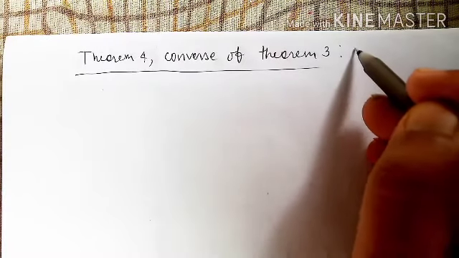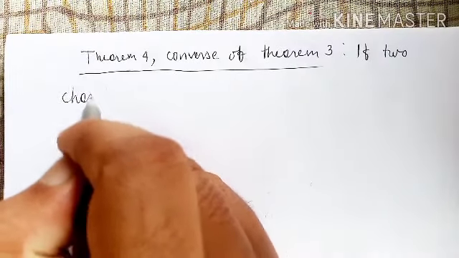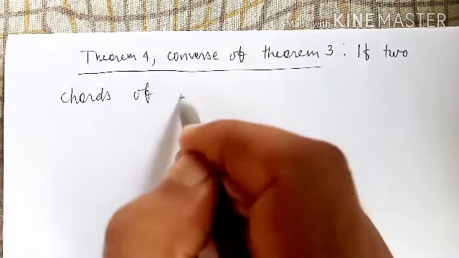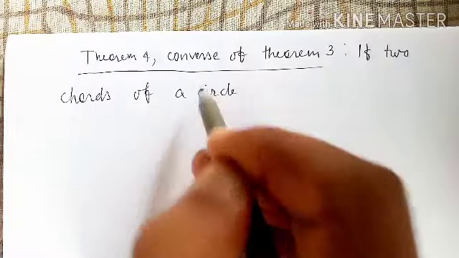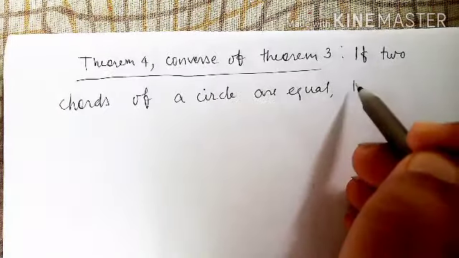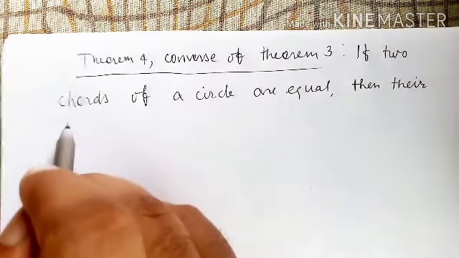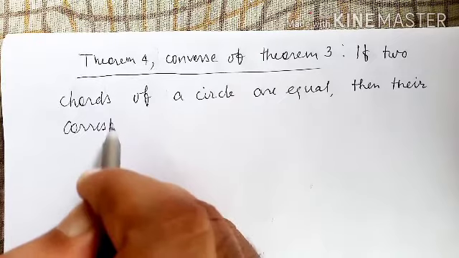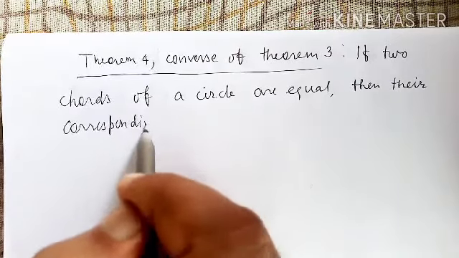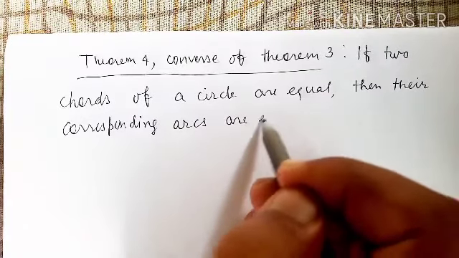If two chords of a circle are equal, then their corresponding arcs are equal.